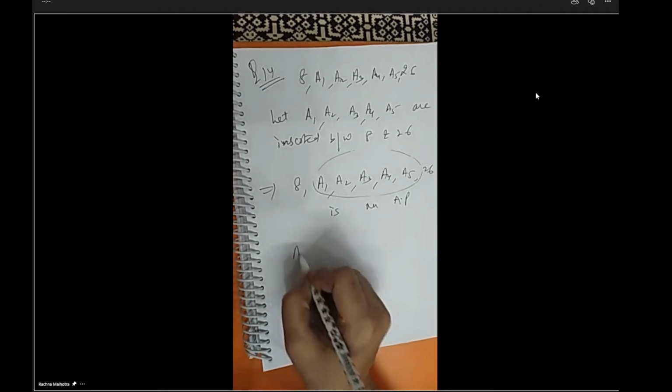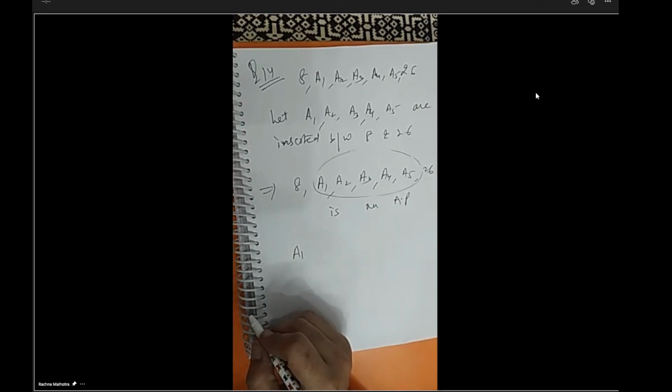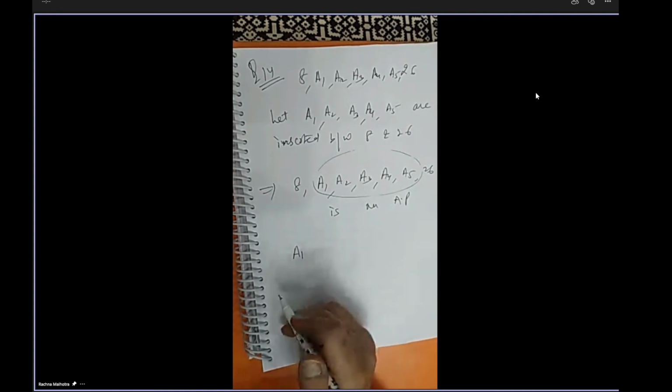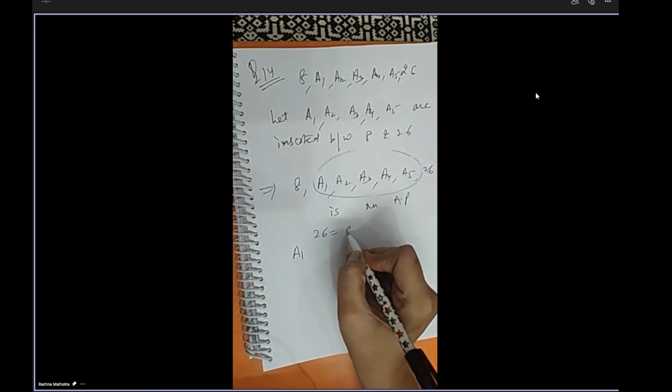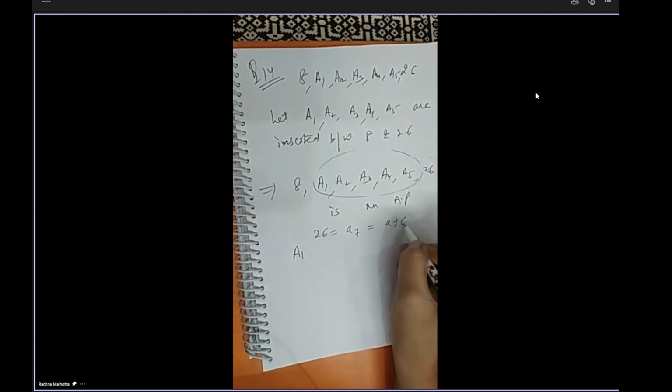How can we find all these 5 numbers? Please tell me. 26 minus 8 is equal to 5d. Yes, we can use this concept also. Or any other? Ma'am, we can find out d because a is given and 26 is the 7th term, A7, which is a plus 6d.